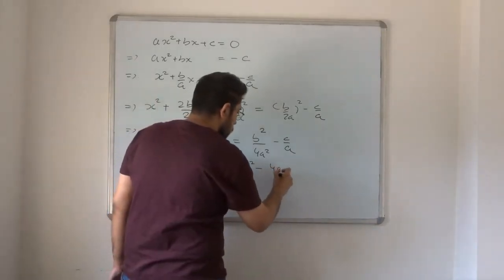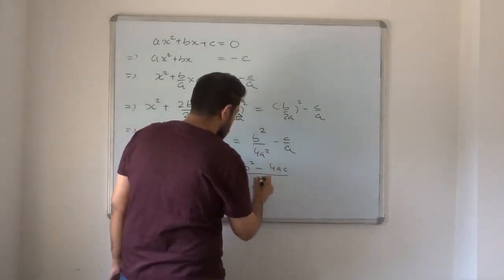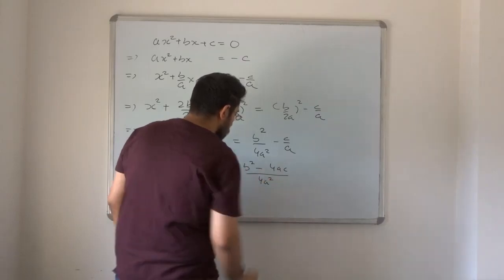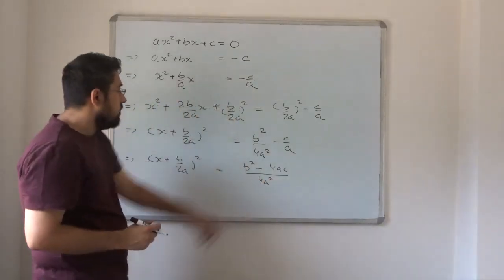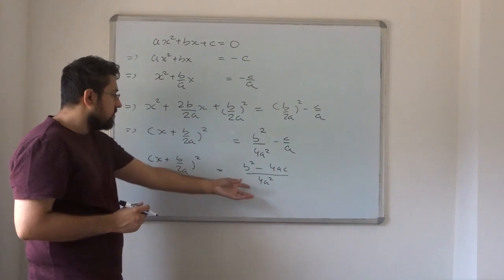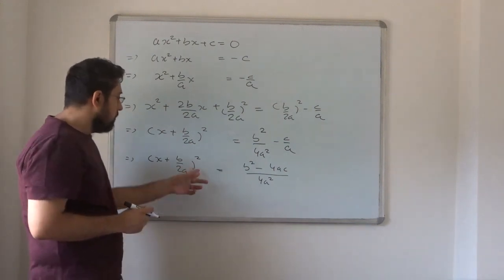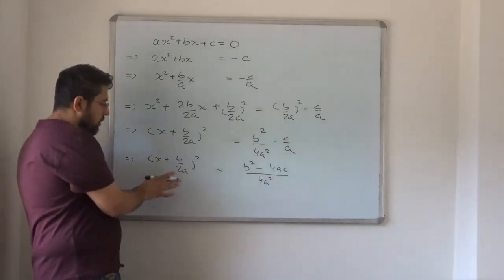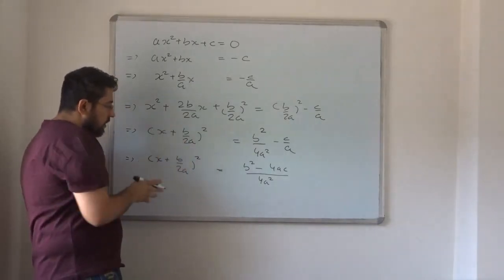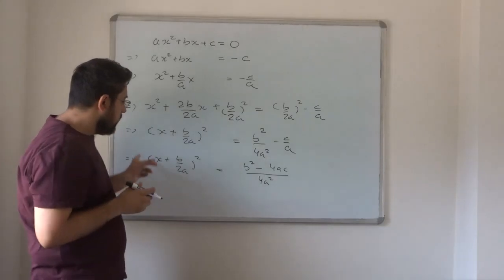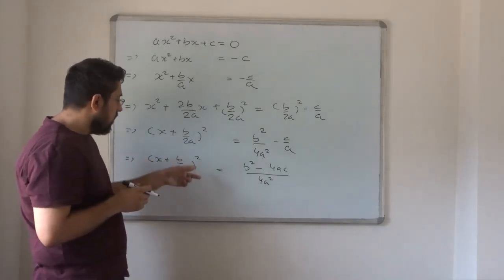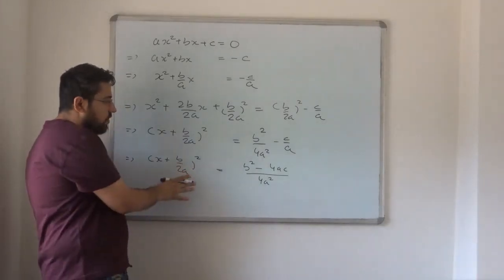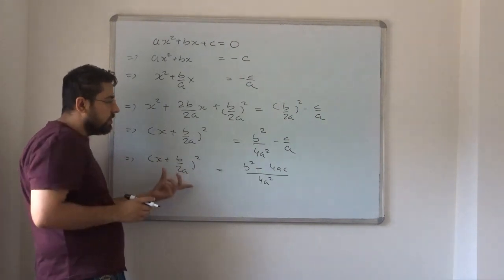That is why you get 4ac upon 4a squared, because we have to carry the LCM back. So what is the next step after this? This is squared on this side, so we have a square on this side.